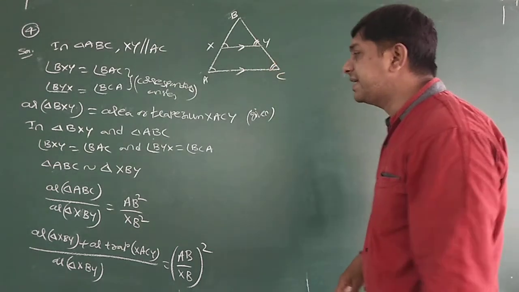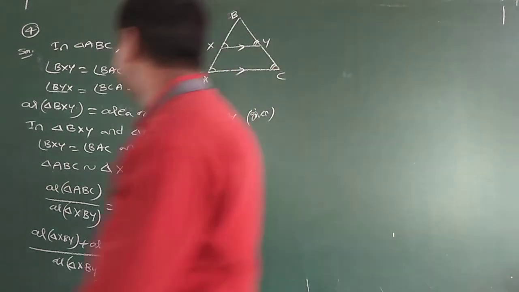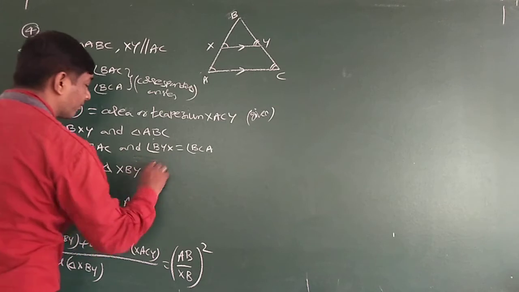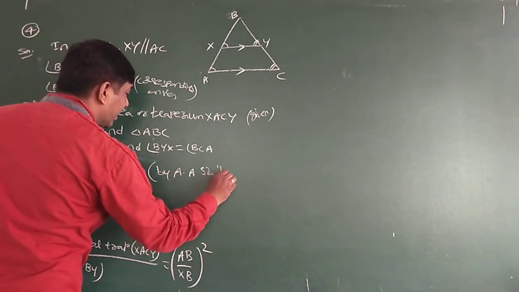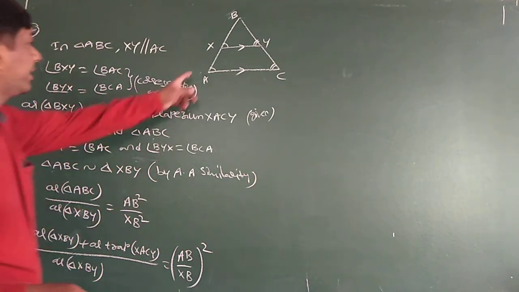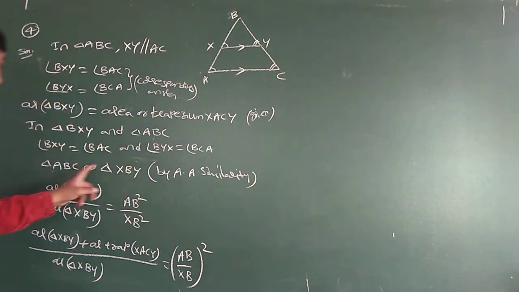So triangle ABC is similar to triangle XBY.